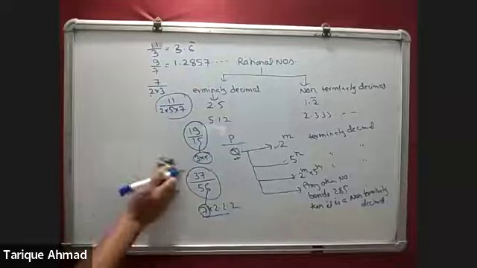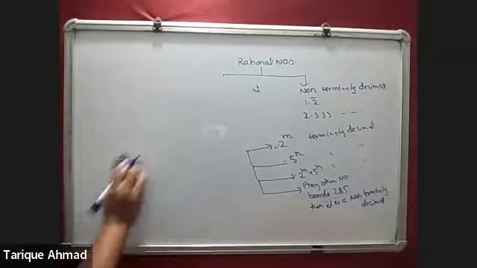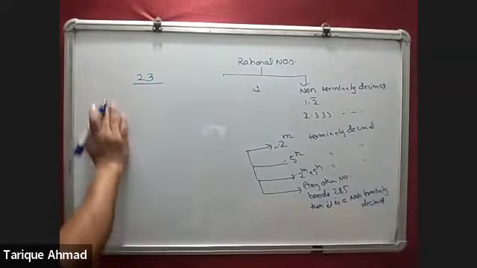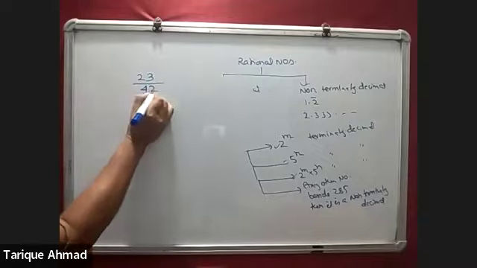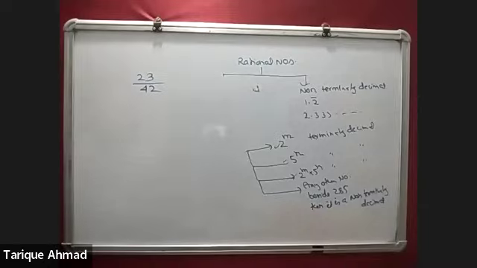Right? 23 upon 42. Non-terminating, right?